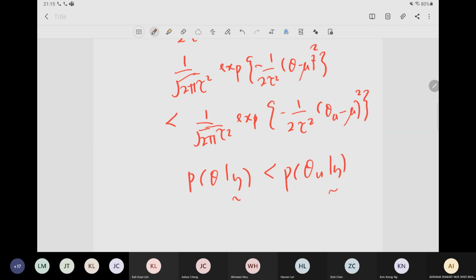Okay, right. So this is what I meant by you can show by using the PDF directly.